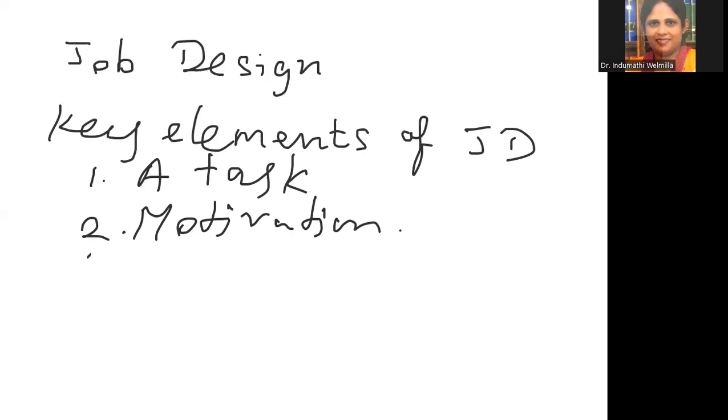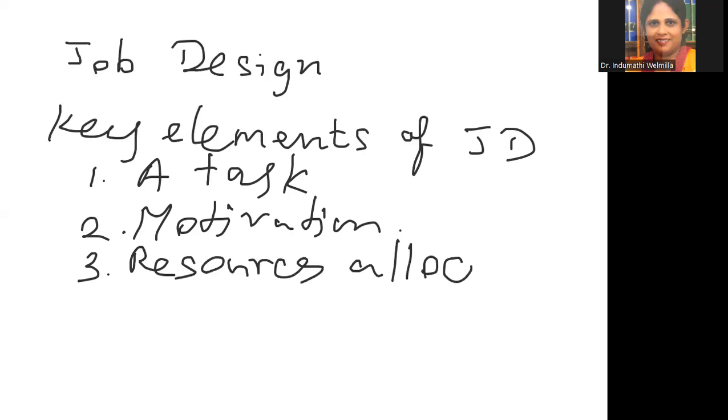Then the third key element is resource allocation. Resource allocation occurs when an organization decides to allocate certain resources to a specific job or specific tasks facing the organization.